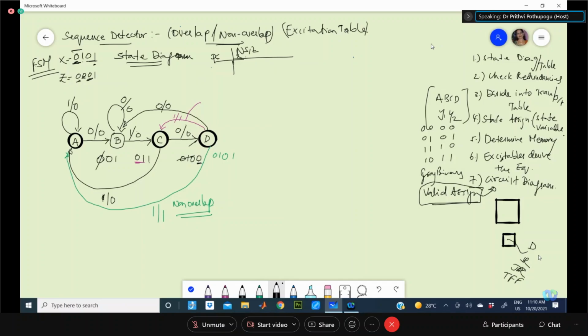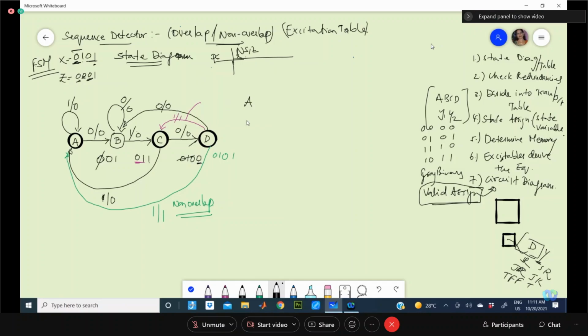If it is D flip-flop, the equations will be in terms of Y, capital Y. For SR, JK or T, this will be in terms of S and R equation, J and K equation and T equation. Only for D flip-flop, it will be normal capital Y that is used for the next state. Okay, I'll give one example for that also.